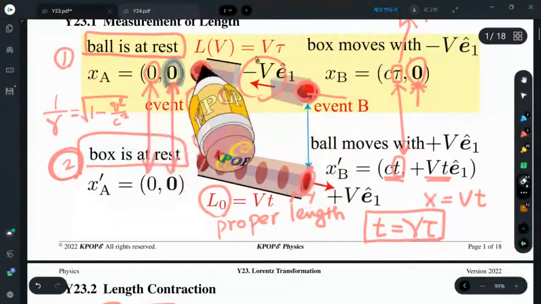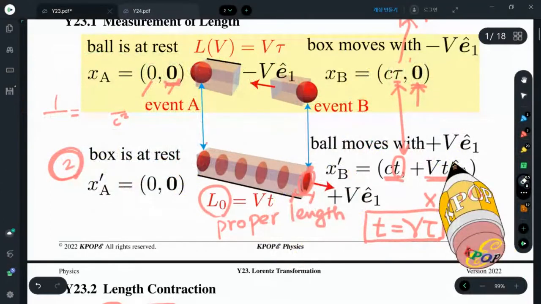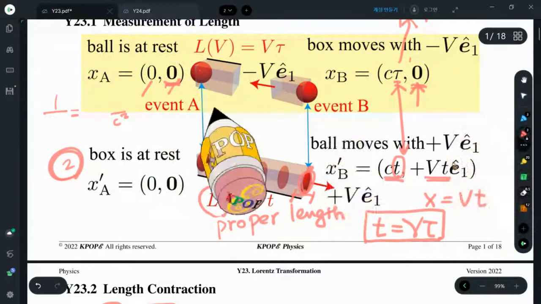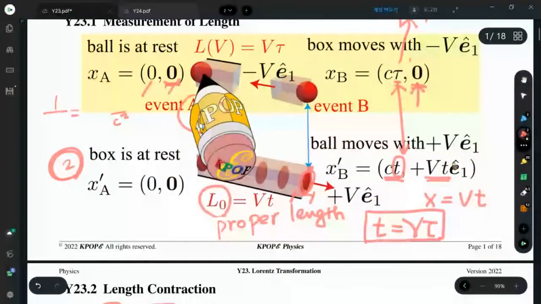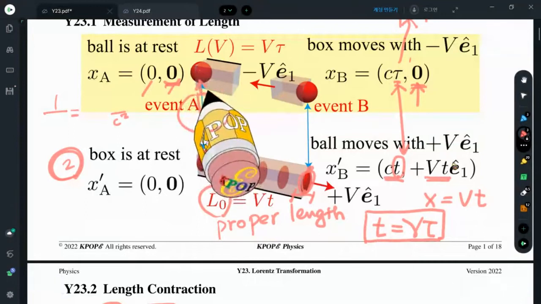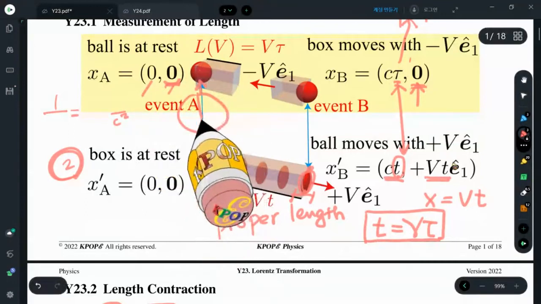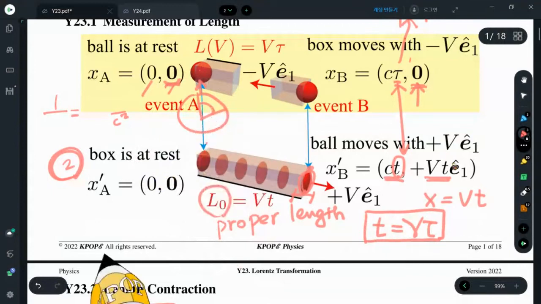Measuring the length of the box in the frame where the ball is at rest, you have a stopwatch fixed that does not move relative to the red ball. So you measure time.